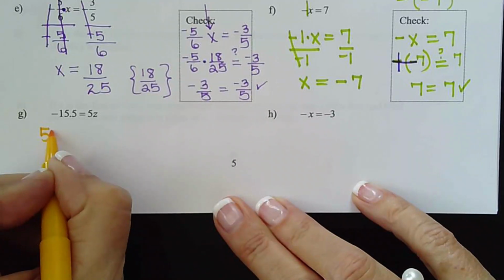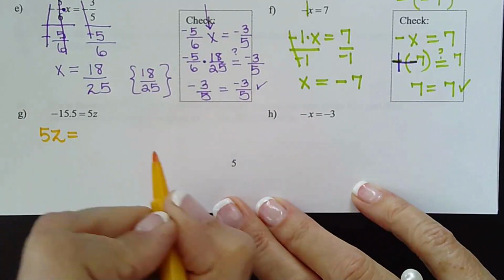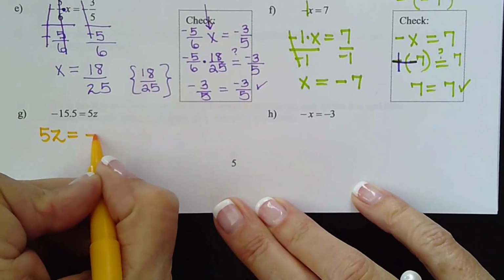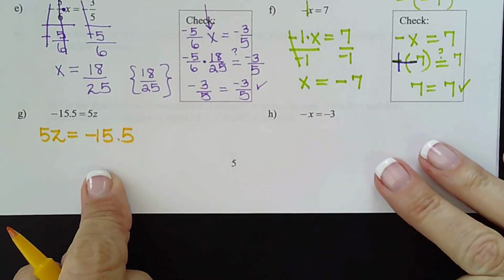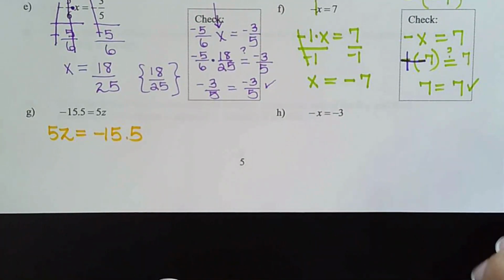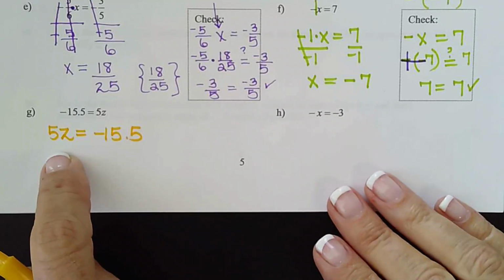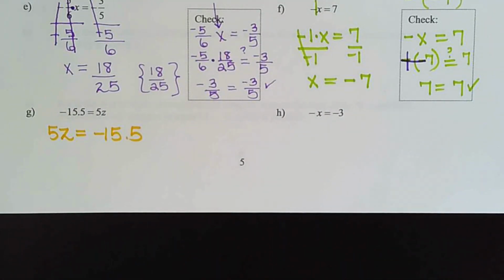On this first one, we first want to flip. We need the z on the left. And like I said, it's not that important in equations, but it's huge in inequalities. So we establish the habit: always put our letter on the left. Then when we get to inequalities, it's already a habit and we don't have to do something that we haven't been doing.